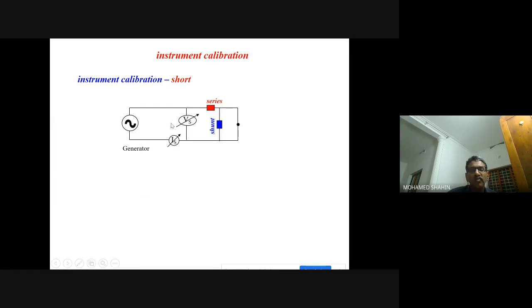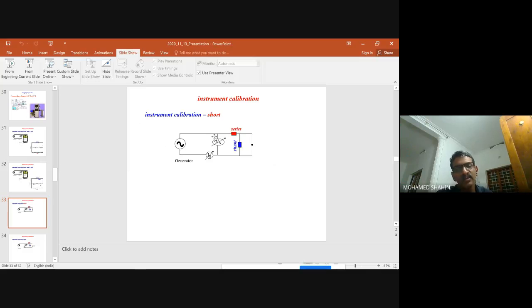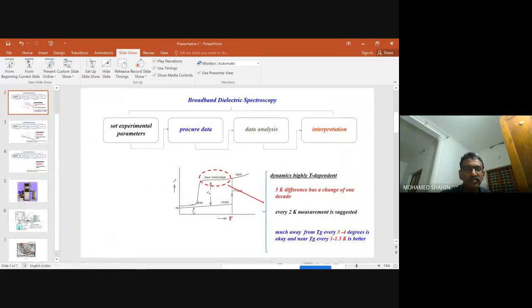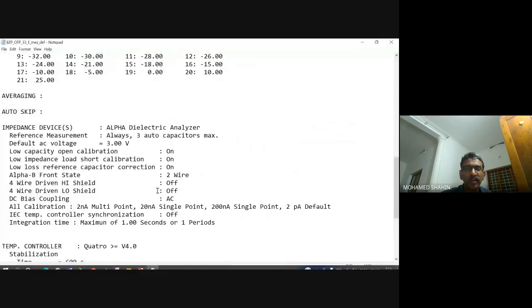Now you are measuring the value from here, but there are cables connected in between the sample and the instrument. So there would be series impedance and shunt impedance, and you have to set this value accordingly.